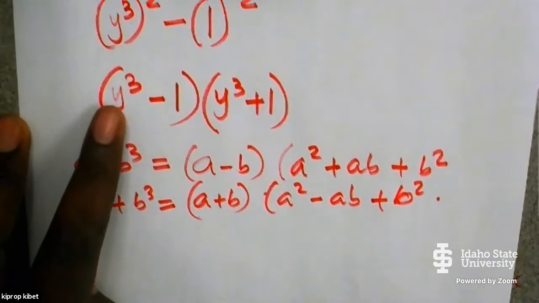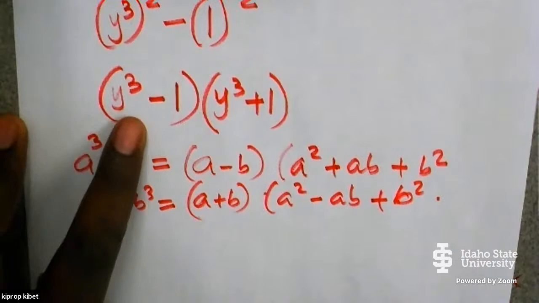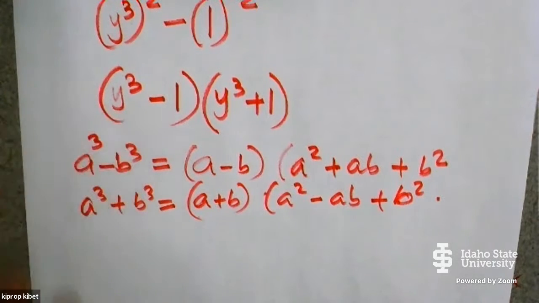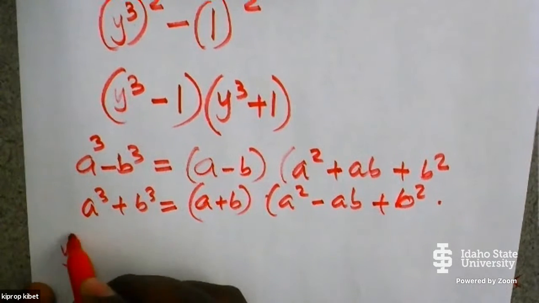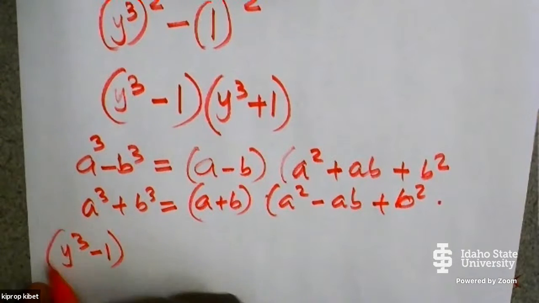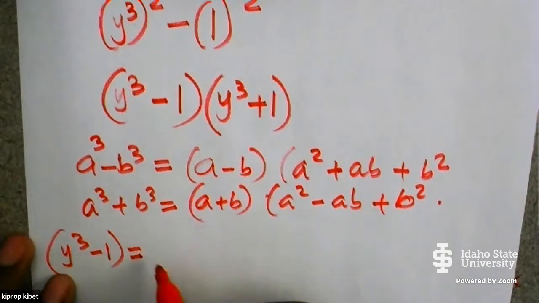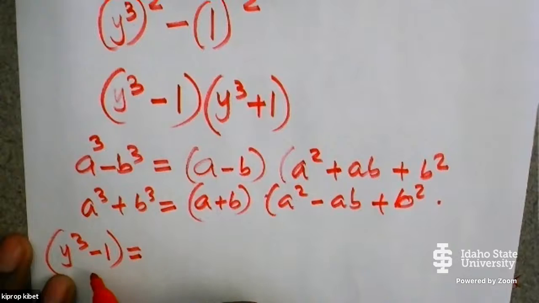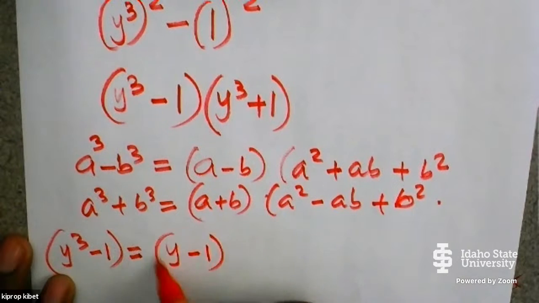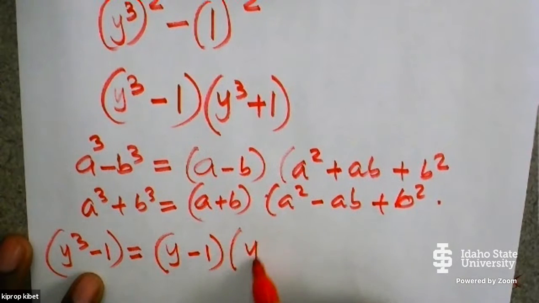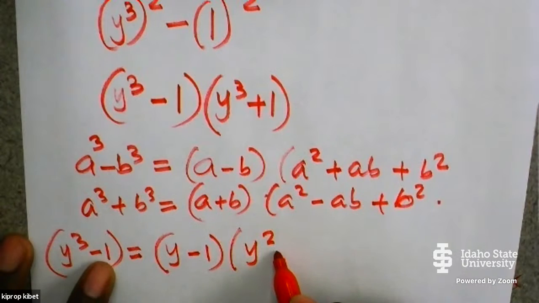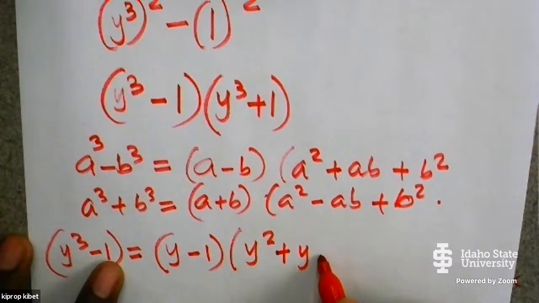Now here, the first one is a minus. So y cubed minus 1 is similar to what? It is y minus 1 times (y squared plus y plus 1).